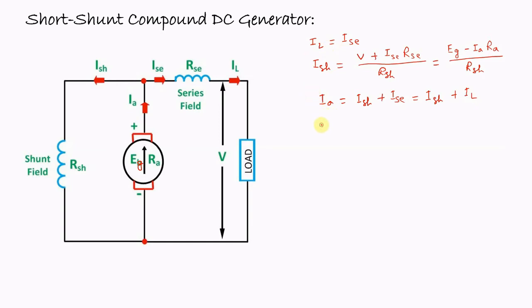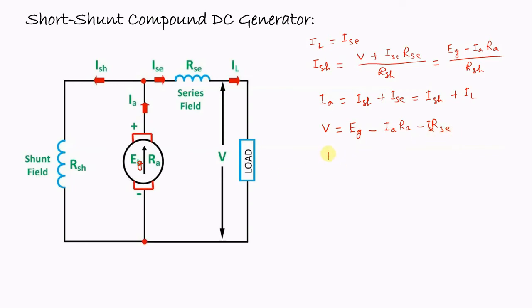And the terminal voltage, that is the voltage across the load, will be equal to generated EMF minus drop in the armature winding, that is IA into RA, and then drop in the series field winding, that is ISE into RSE. So this is the voltage across the load: generated EMF minus voltage drop across the armature winding minus voltage drop across the series field winding.